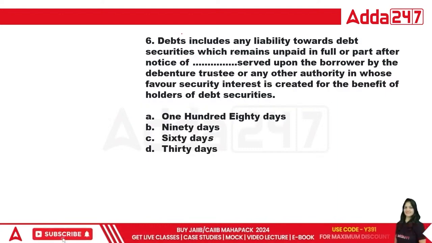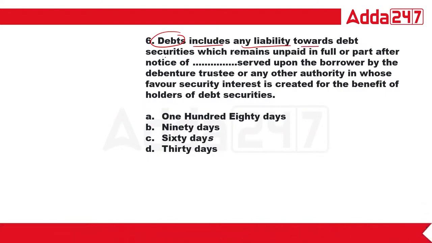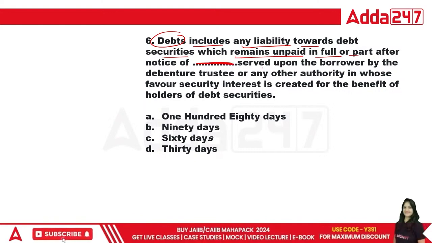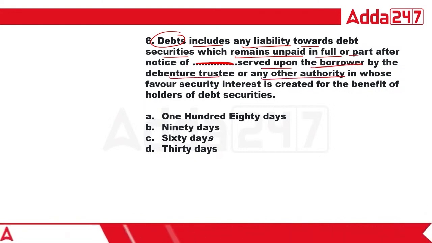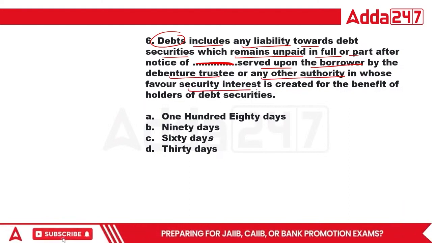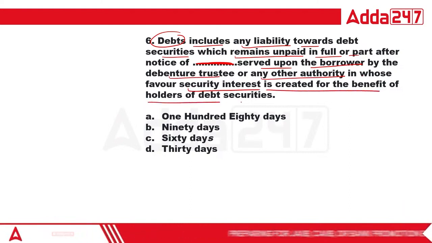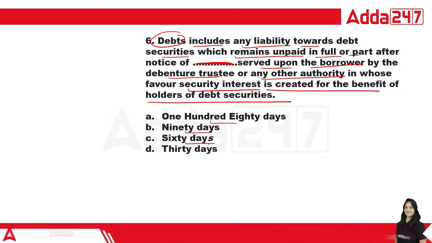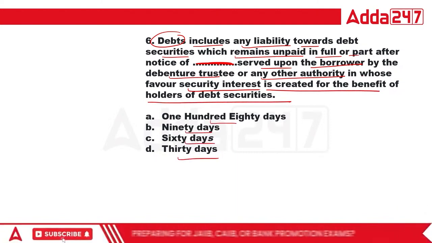Now, debt includes any liability toward debt security which remains unpaid in full or part after the notice of dash served upon the borrower by the debenture trustee or any other authority in whose favor security interest is created for the benefit of this. It is 180 days, 90 days, 60 days, or 30 days.